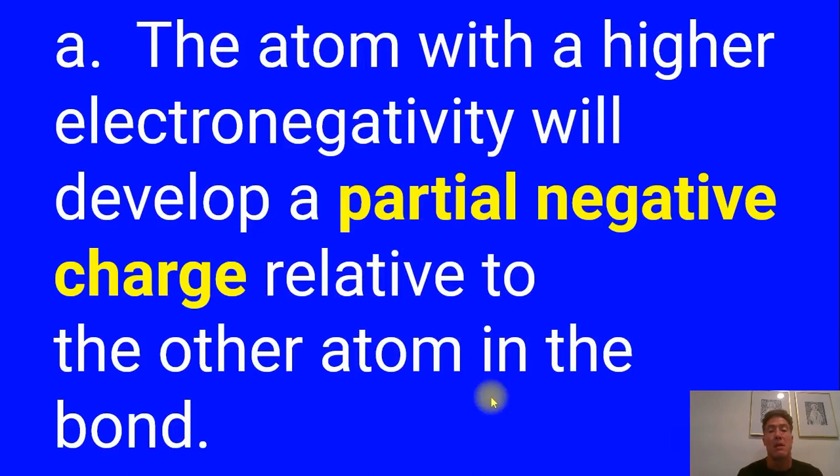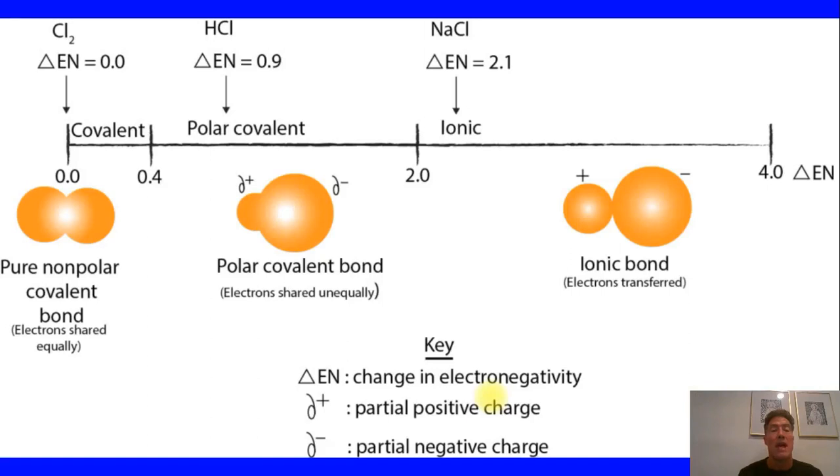So as we mentioned, the atom with higher electronegativity will develop a partial negative charge, and at some point we move from covalent. Covalent is generally considered to be an electronegativity difference between 0 and 0.4. Above 0.4, we consider that to be slightly polar, so polar covalent. And that continues up to, different charts have different numbers, between about 1.7 and 1.8, though this chart has its cutoff at 2.0.